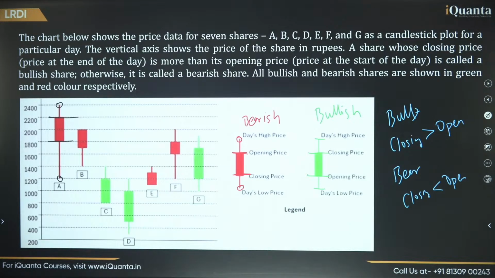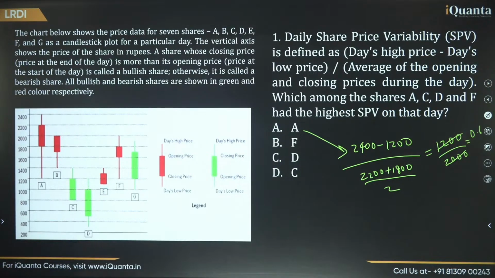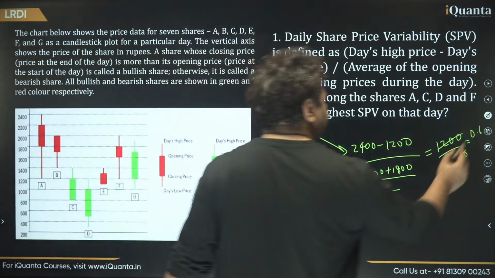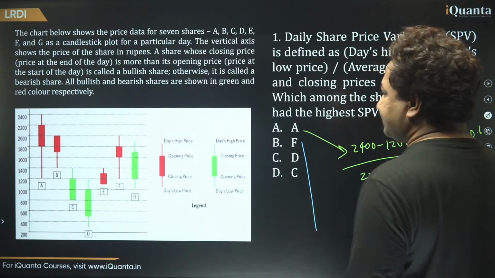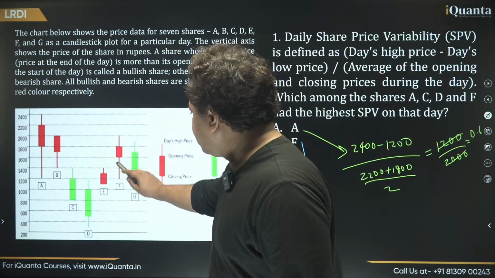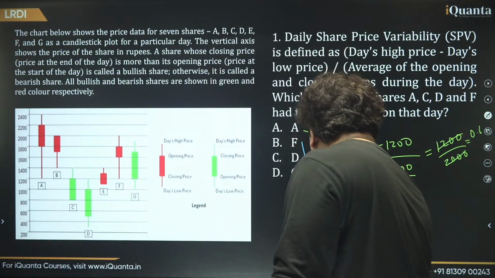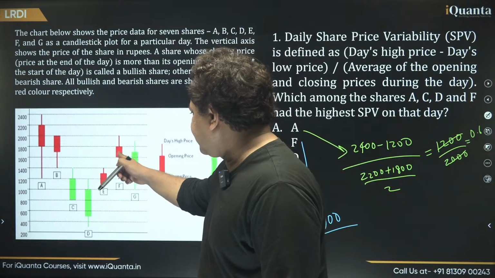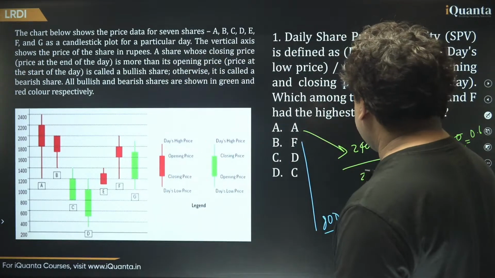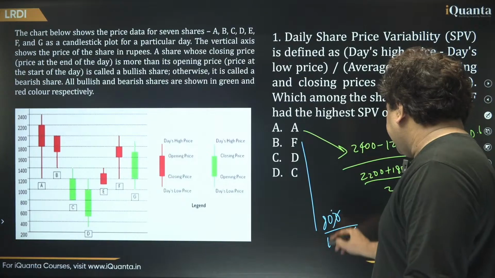B का हमें पता ही नहीं है. वैसे ऑप्शन में B है भी नहीं, ऑप्शन में F, D, C है. Let's check for F, D and C. For F क्या हो जाएगा? 2000 minus 1200, directly लिख रहा हूँ मैं, 800 upon average of this 1800, 1600. इसका average क्या? 1700 हो जाएगा ना. So it is 8 by 17.